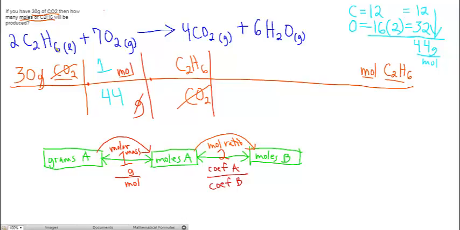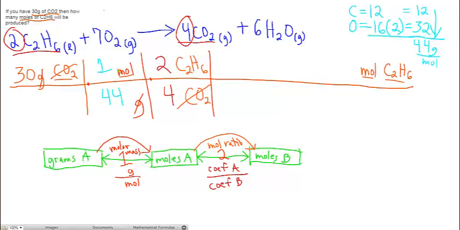So we find this in the chemical equation. In front of our CO2 is 4. So we're going to put 4 in front of our CO2. In front of our C2H6 is 2. So we're going to put 2 in front of our C2H6.